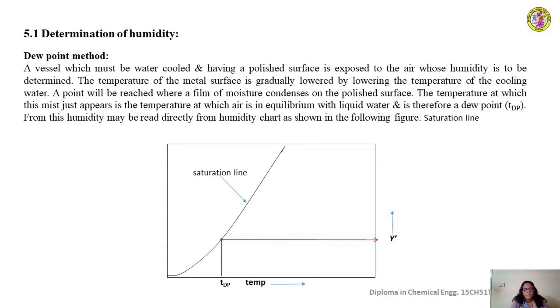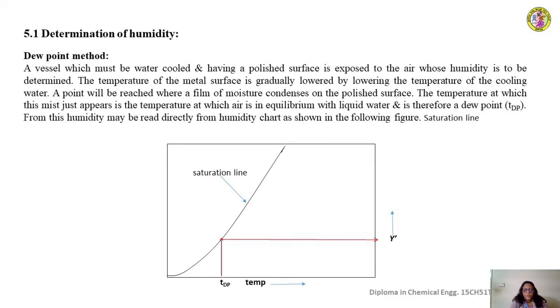The temperature of the cooling water inside the vessel is gradually lowered and the metal surface is observed continuously. At a certain low temperature, you will observe that a film of moisture condenses on the surface of the vessel. The temperature at which this mist just appears or just starts forming is noted down as the dew point temperature.